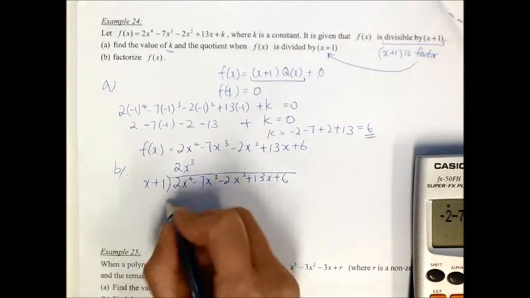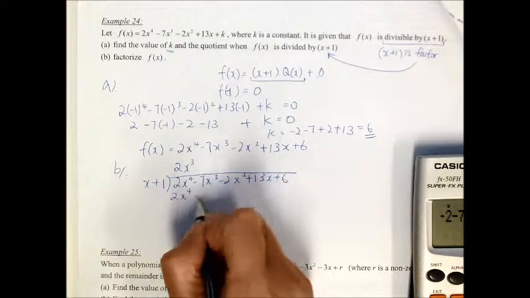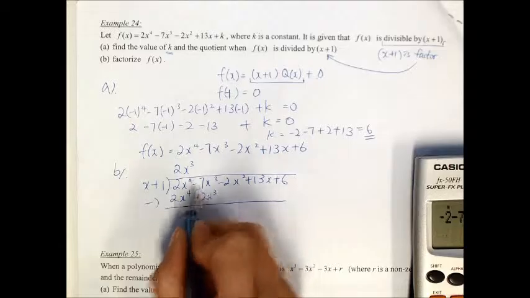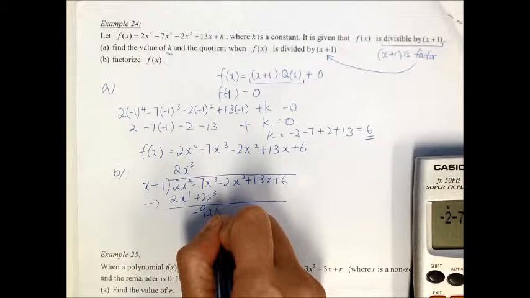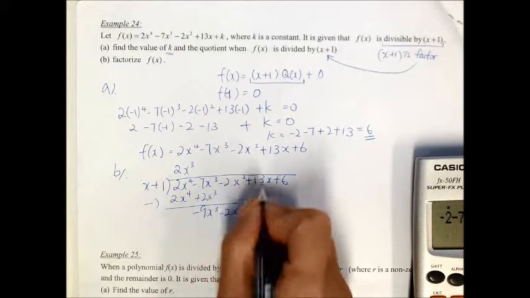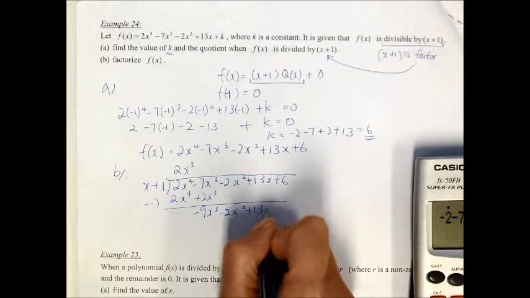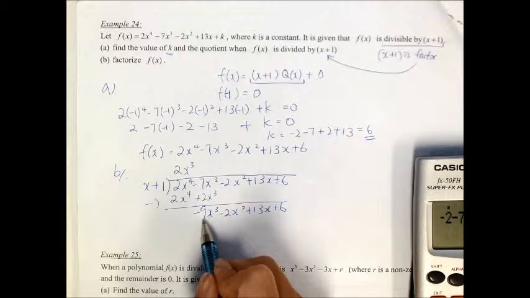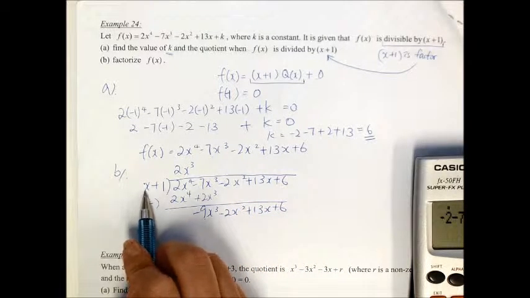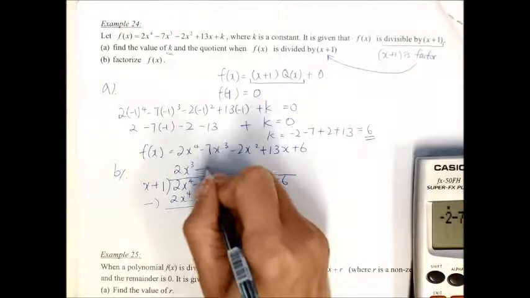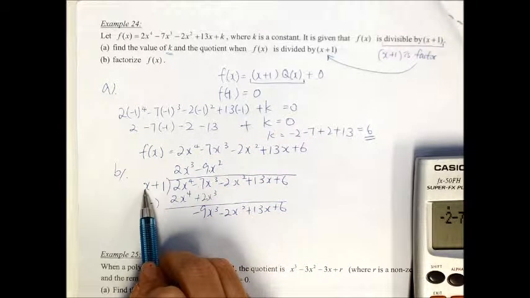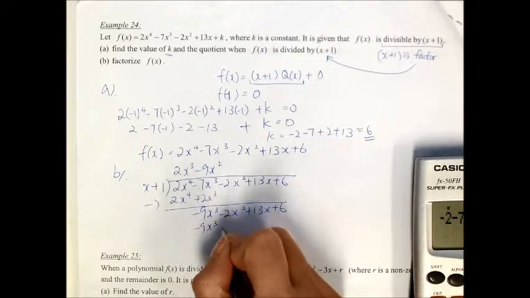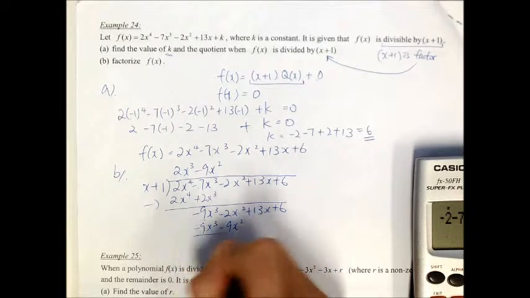2x cubed times x, 2x to the power 4 plus 2x cubed. Okay, -7 minus 2. Copy down all of the remaining ones. Okay, so -9x squared times x will be -9x cubed minus 9x squared.